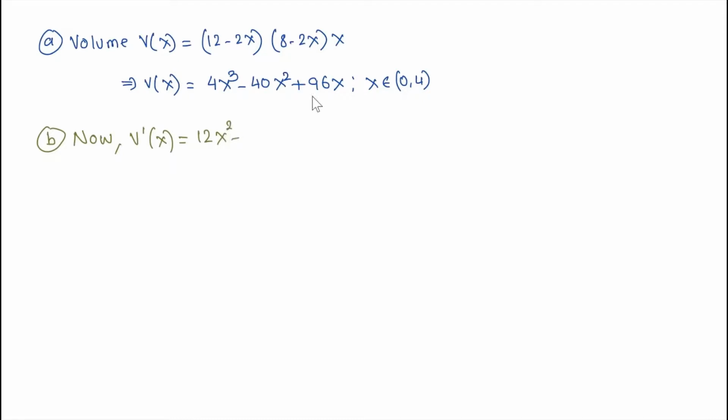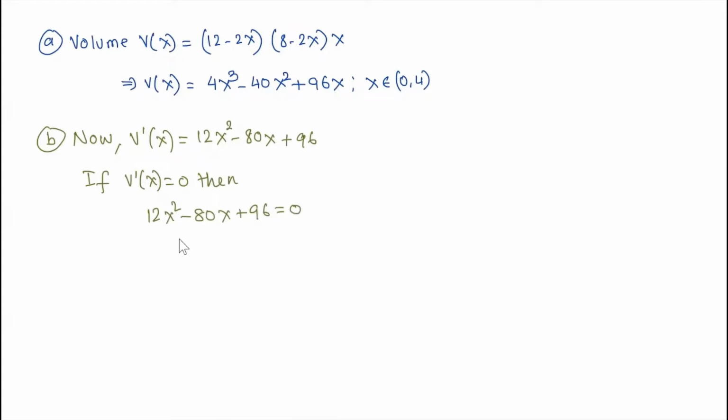Then minus, if you bring that 2 down, it will be 80x, and reduce the power by 1, plus 96 times the derivative of x, which is 1. So it is 96. So that's my first derivative. If I set this equal to 0, then 12x squared minus 80x plus 96 equals 0.